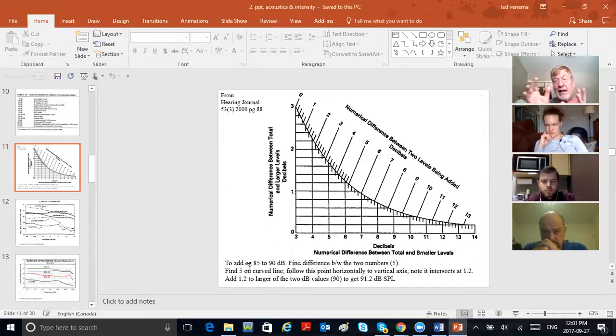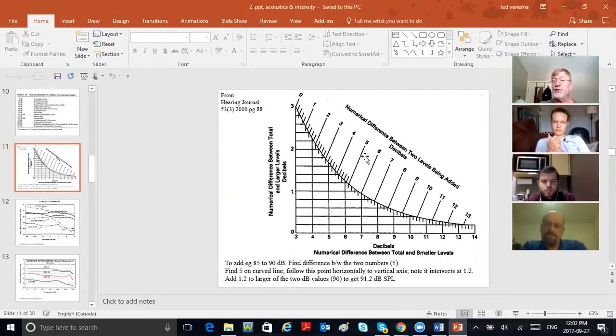But if the difference is less than 10, for example adding 85 dB SPL to 90 dB SPL, find the difference between the two numbers. It's 5. Find 5 on the curved line and follow this point horizontally to the vertical axis. And what do you get? Basically 1.2. So I guess 85 plus 90 is 91.2. That's what you're adding to the biggest number. Find the difference between the 2 decibel levels.